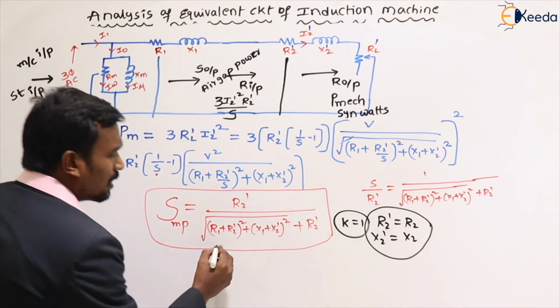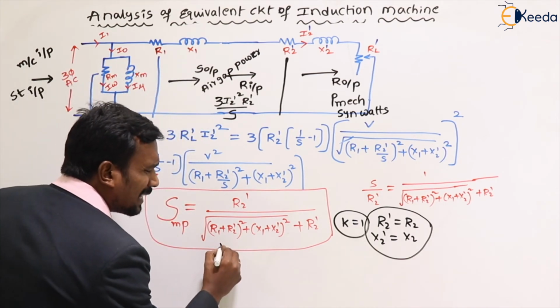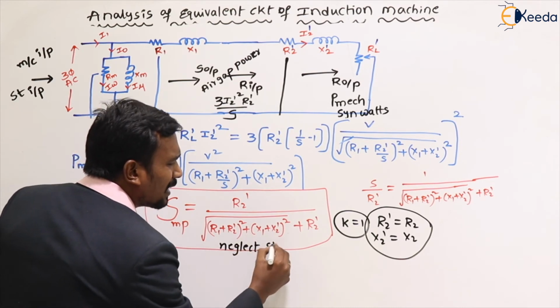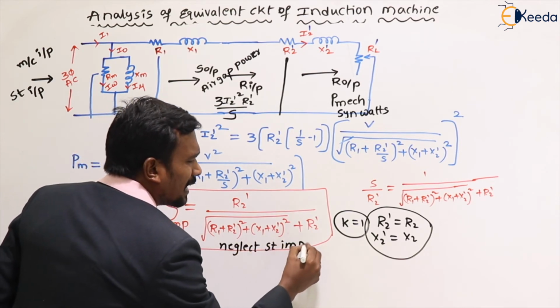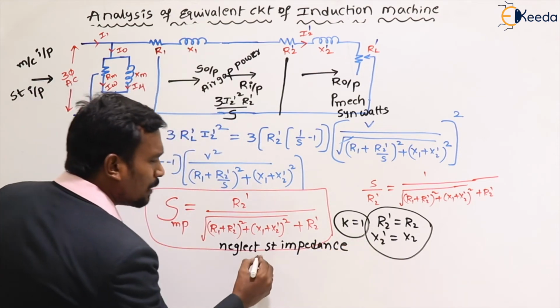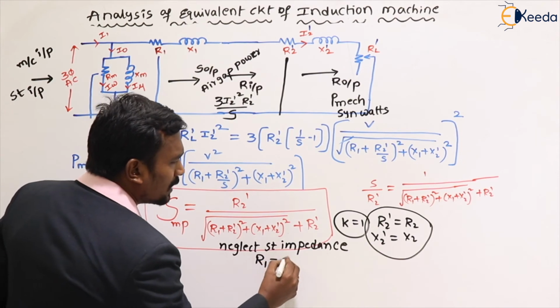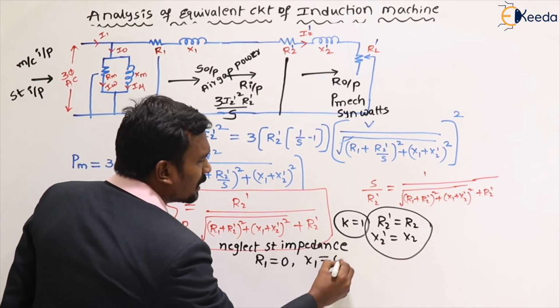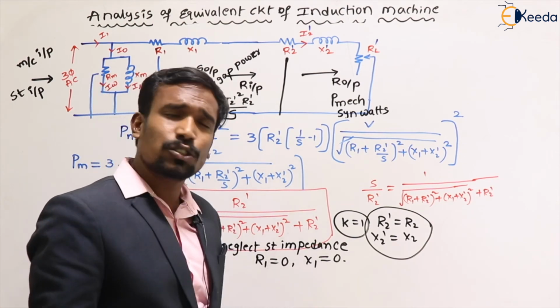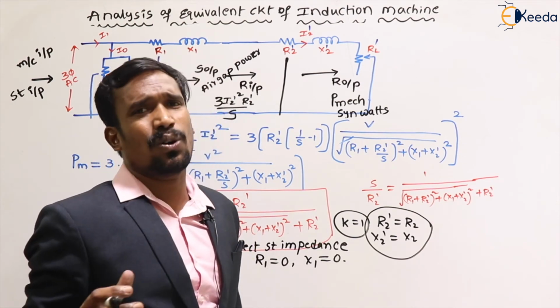Next, neglect the stator impedance: R1 equals 0, X1 equals 0.